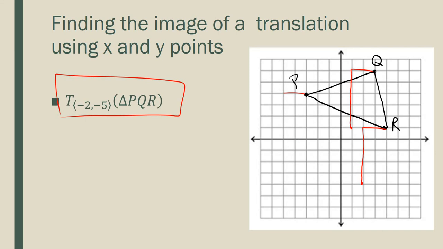So that creates my new triangle, my new P, my new Q, my new R, P prime, Q prime, R prime, and that's my translation using -2 and -5 of triangle PQR.